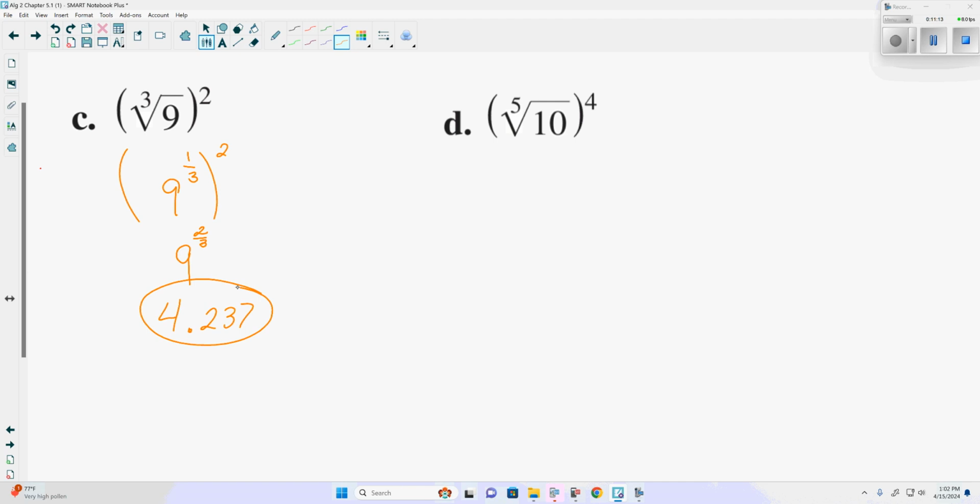If not, we can leave it as 9 to the 2/3. But again, this is less about getting to the answer and more about us seeing how we can switch from one form to the other. Any questions on this here? So we can leave that answer as 9 to the 2/3. Yeah. I mean, this part, it's not so much what we're going to end up doing. It's just I want you to be able to switch from one to the other.